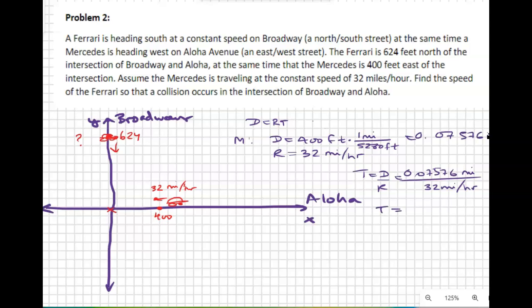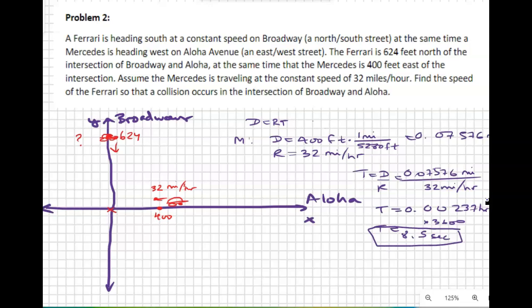Divide that by 32, and the time is 0.00237 hours. Now this is a very short amount of time in hours. If I multiply this by 3600, this will tell me in seconds. So this is 8.5 seconds.